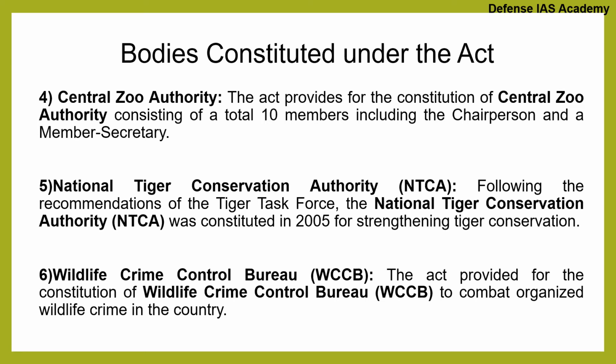This authority provides recognition to zoos and is also tasked with regulating the zoos across the country. It also gives guidelines and rules under which animals may be transferred from one zoo to another, nationally and internationally. So, that's the Central Zoo Authority.